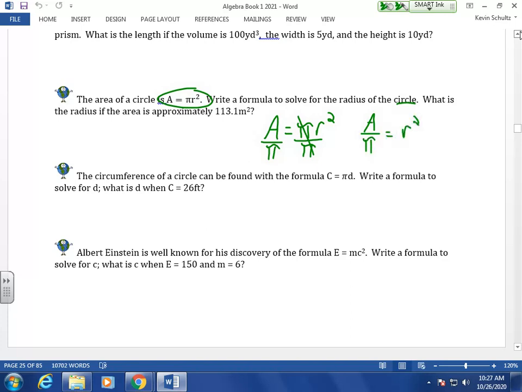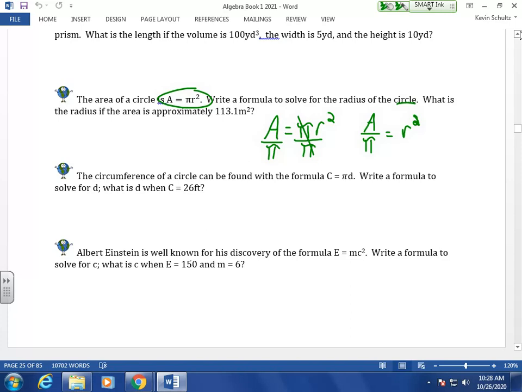And here's the first example of why PERMDAS people just have happier lives than PEMDAS people. Because PEMDAS people look at this and say, r squared, how do I undo an exponent? What? I'm lost. I don't know what to do. PERMDAS people, we know how to undo an exponent, don't we?